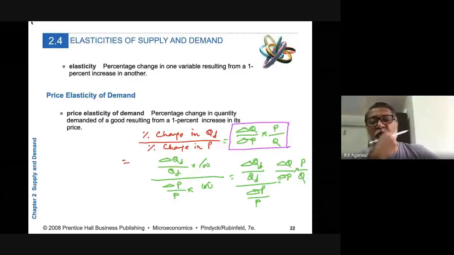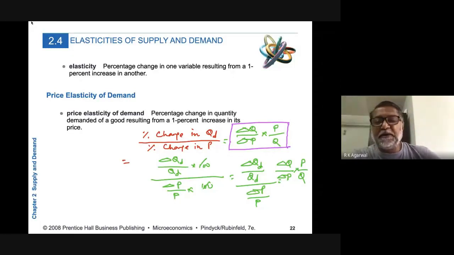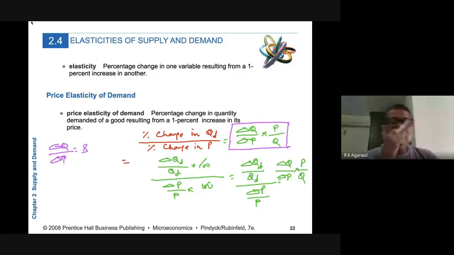Now, if you notice, the first term in this expression, that is delta Q by delta P, is nothing but the slope of the demand curve.